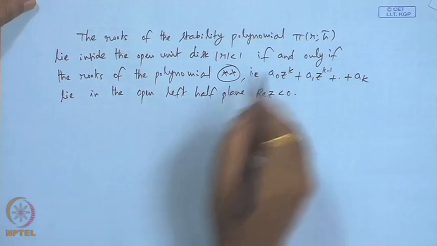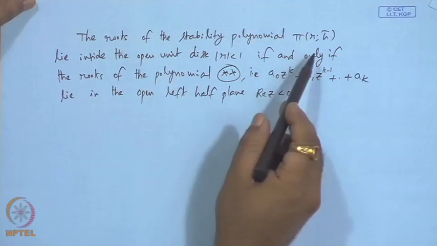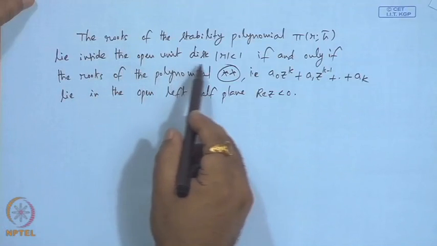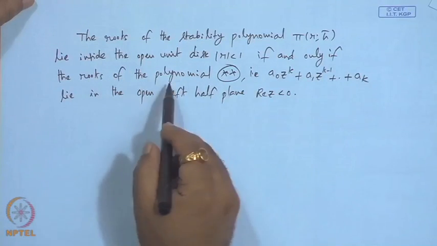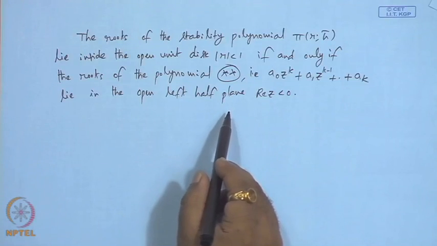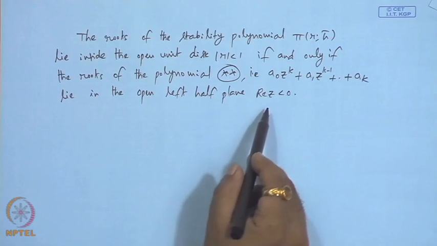So, the roots of the stability polynomial in the original variable r lie inside the open unit disk if and only if the roots of the polynomial double star lie in the open left half plane.